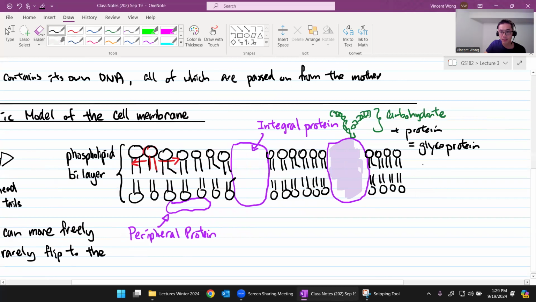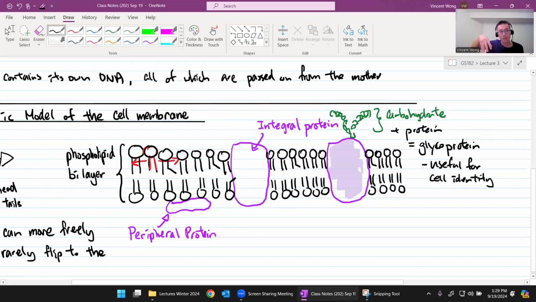Useful for cell identity. Like, what does that mean? Why does it matter? How does your body know what belongs to your own body and what belongs to the outside?